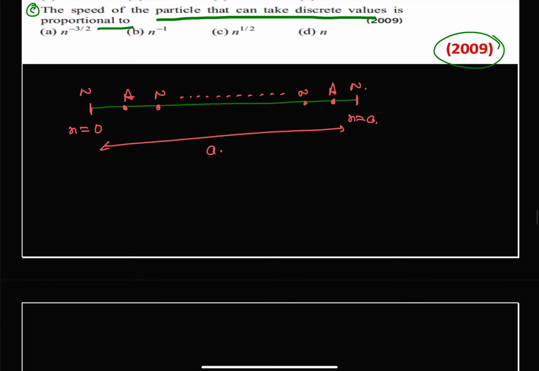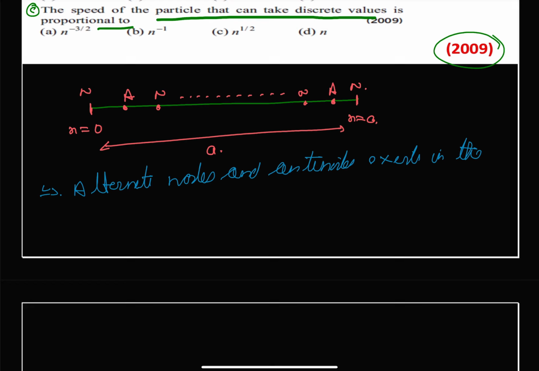So we can say that alternate nodes and antinodes exist in the region x equal to 0 and x equal to a.